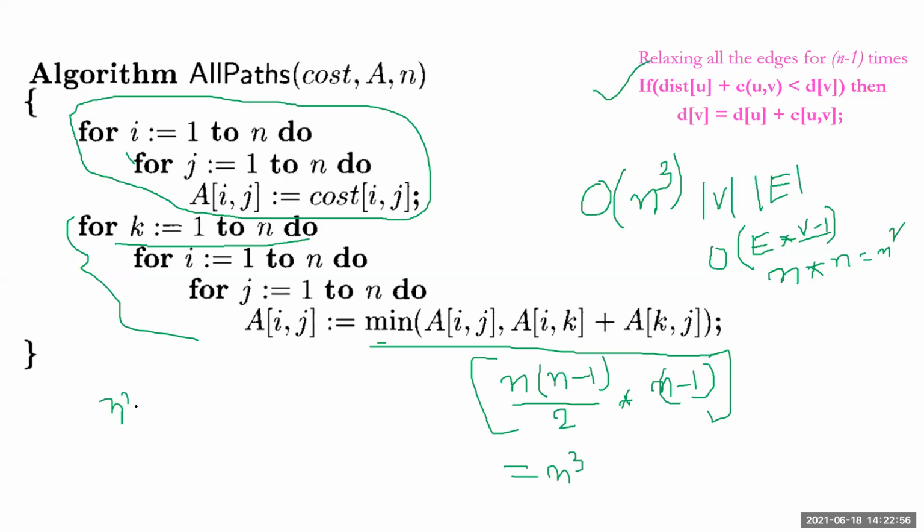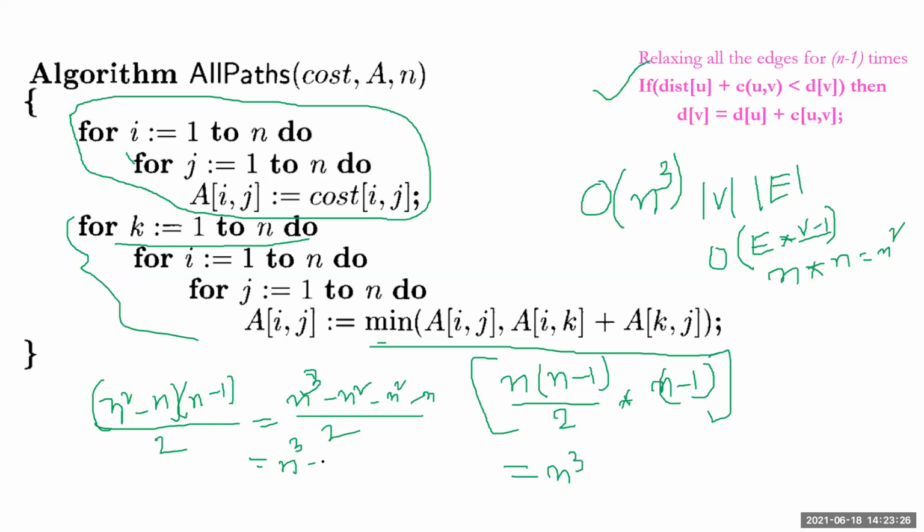So n square minus n, into n minus 1 divided by 2, which gives n cube minus n square, minus n square again, minus n, divided by 2. That will be equal to n cube minus 2n square minus n, divided by 2.